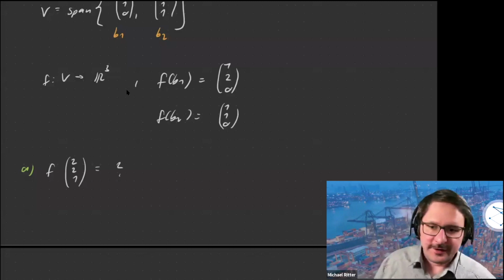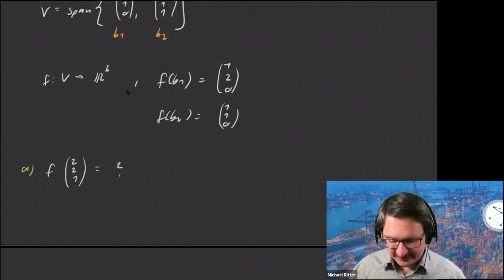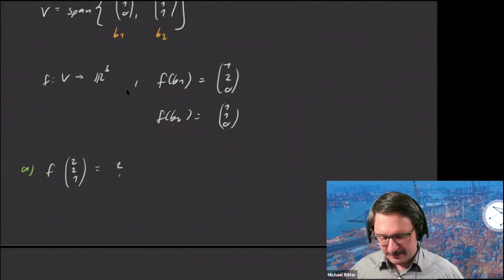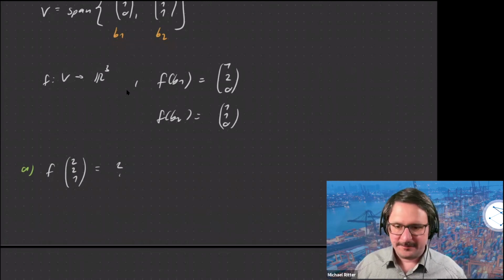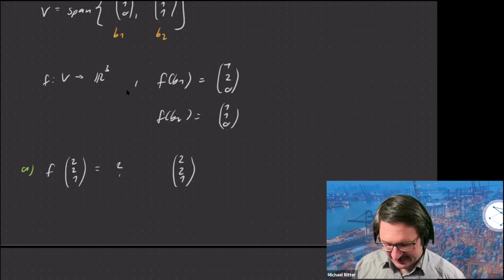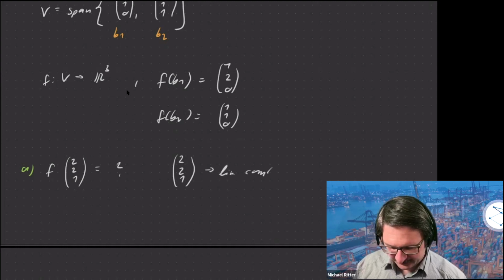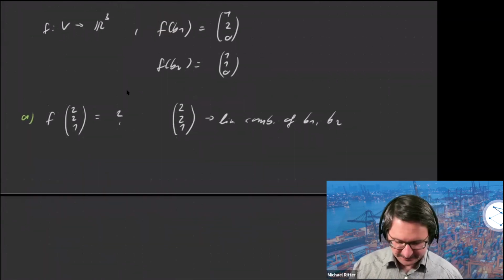Now what we have to do there is, we know the function values on b1 and b2. We don't know anything else. We know that b1 and b2 are a basis of that vector space V. So what we can do is try to express 2, 2, 1 as a linear combination of b1 and b2, and then we just use linearity.